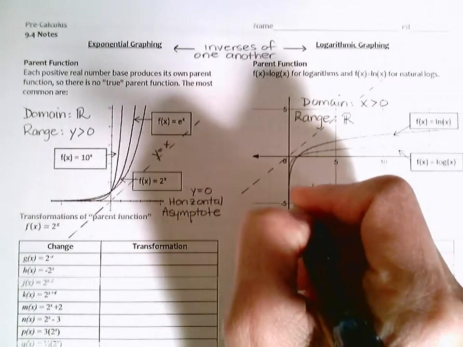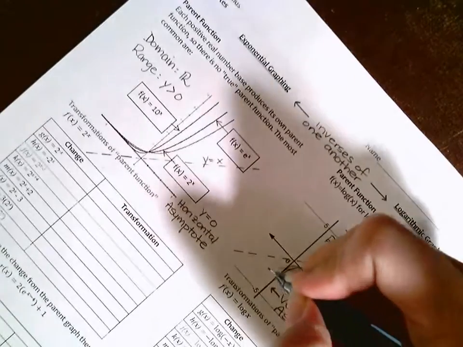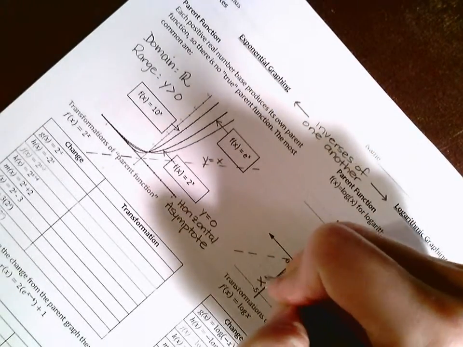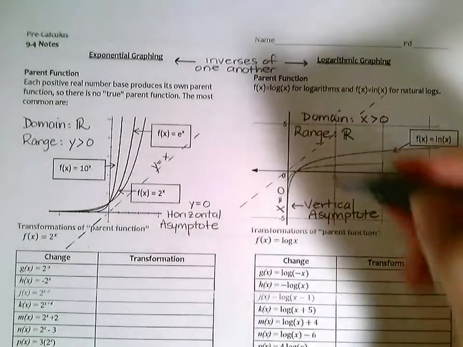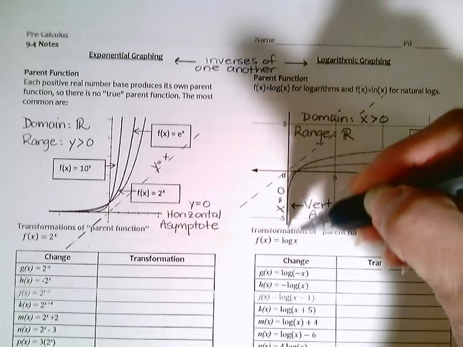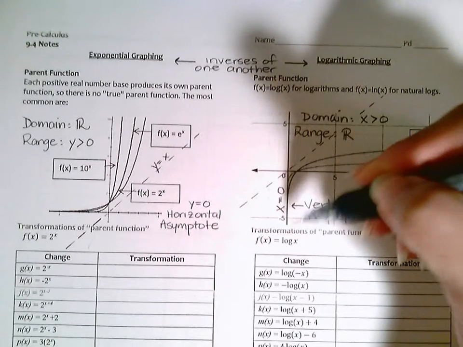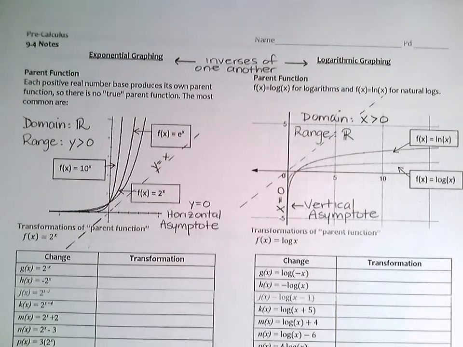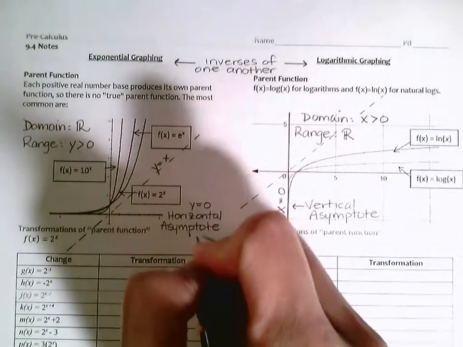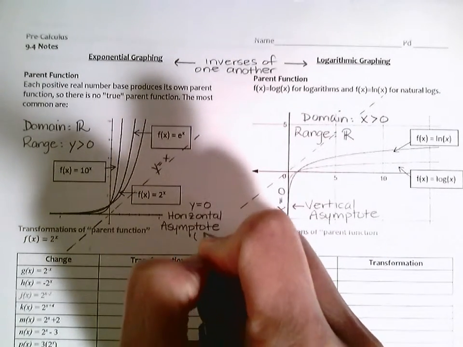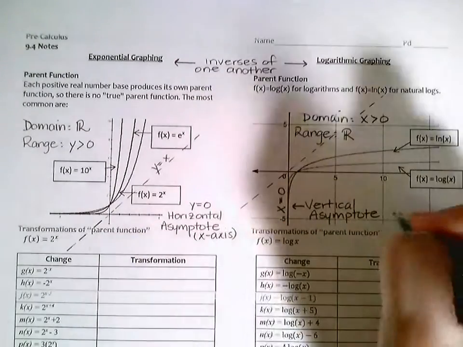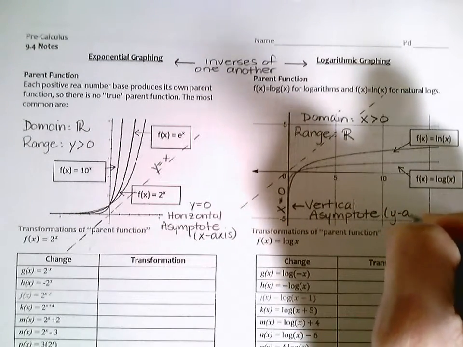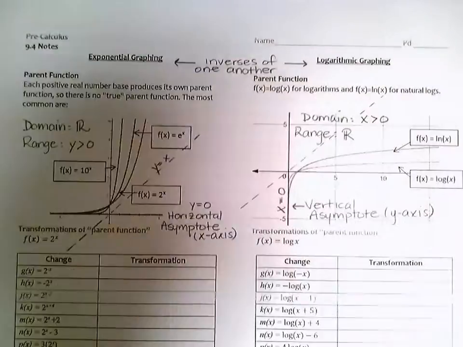So I'm just going to put here an arrow, and let me write here x equals 0, so that you recognize that there is a dashed line going up and down against the y-axis. Therefore, it's x equals 0. Okay? So horizontal asymptote, I'm going to put here for your notes, is the x-axis. Vertical asymptote is the y-axis when it comes to logarithms.